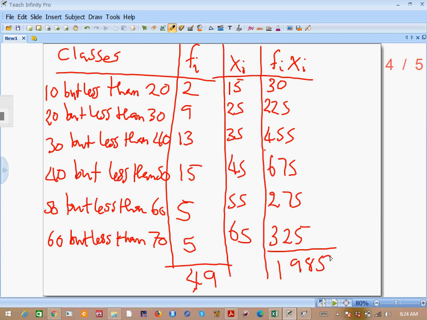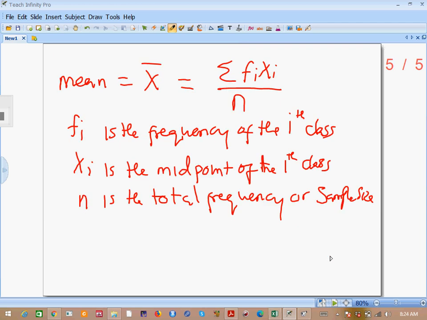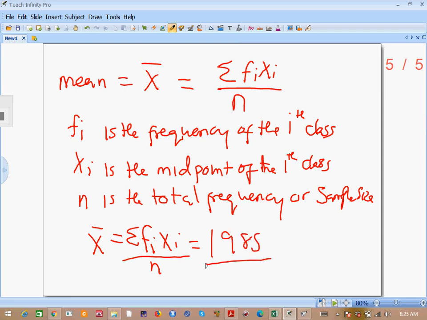Okay, so then let's find our mean. Our mean, which is X bar, is equal to the sum of Fi Xi over n. And there we found the sum, which is just the total, is 1985 over n, which is the total frequency, is 49.